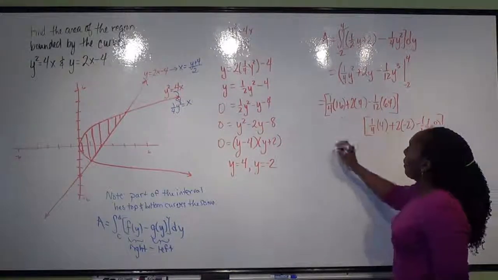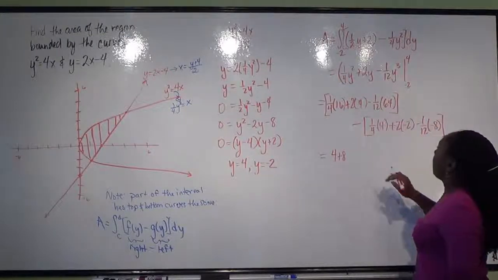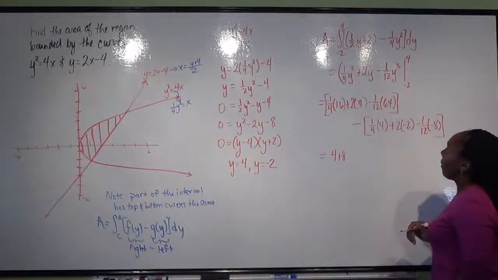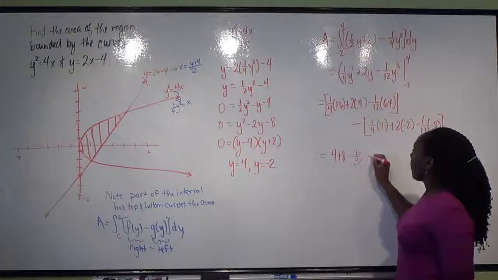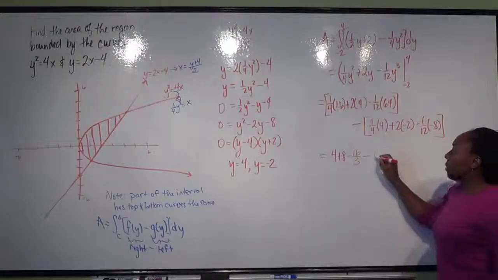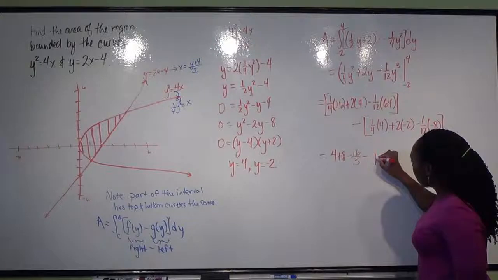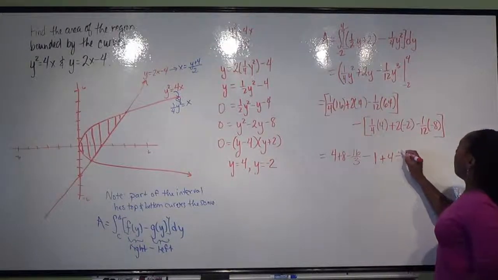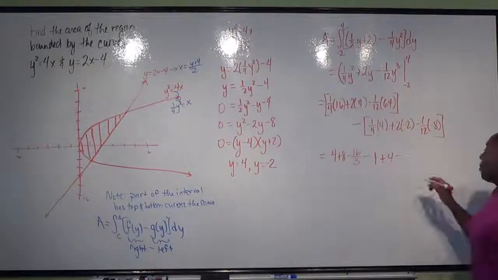Simplifying, looks like 4 plus 8. We'll pull out 4s there, so we'll get 16/3. Minus at the lower limit, again, don't forget to distribute. So we'll get -1 plus 4 minus 8/12, which we can reduce to 2/3.